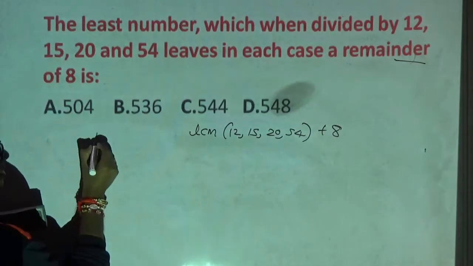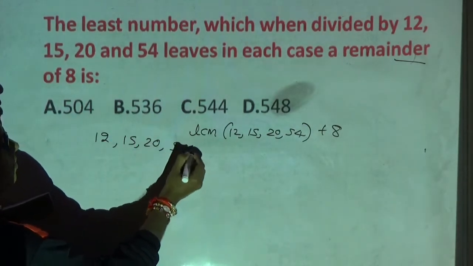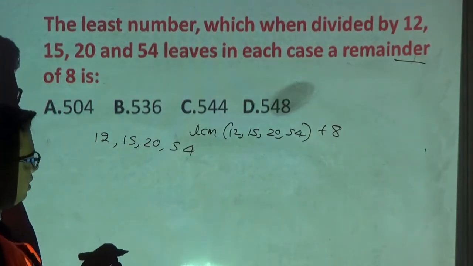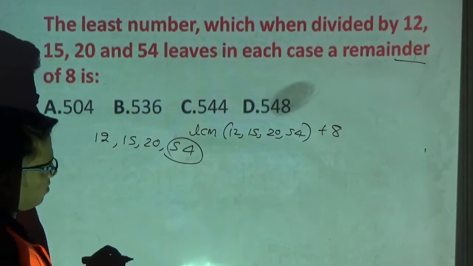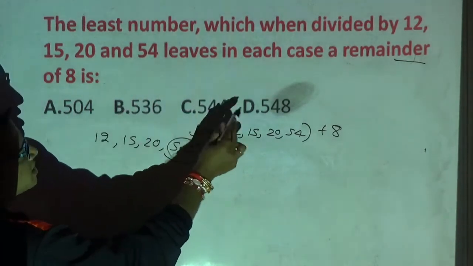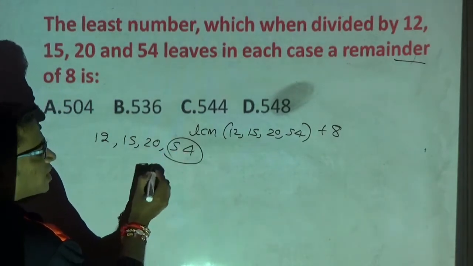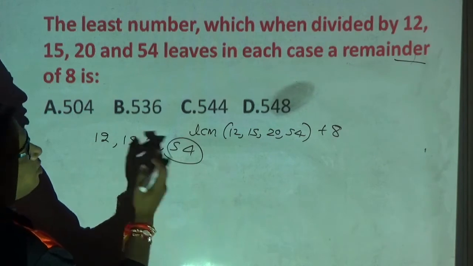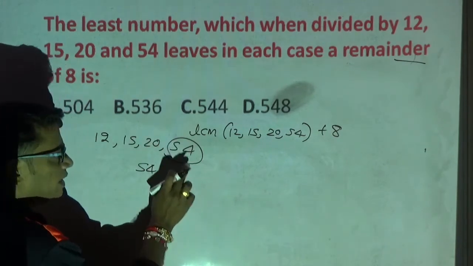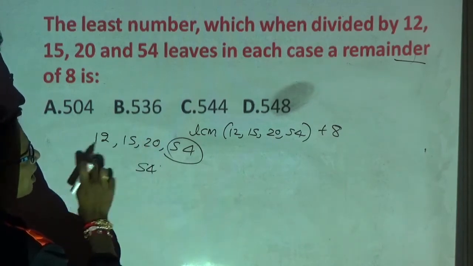Which is the biggest number among all these? 54, right? Can I divide 54 by all these numbers? No. So I have to take multiples of 54 so that it is divisible by all the numbers.